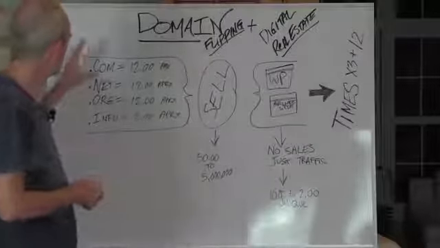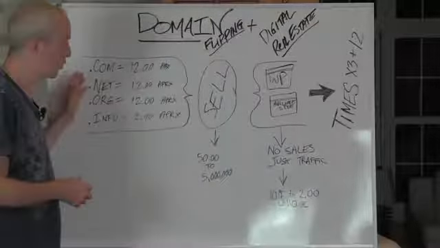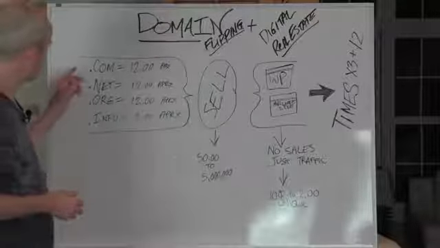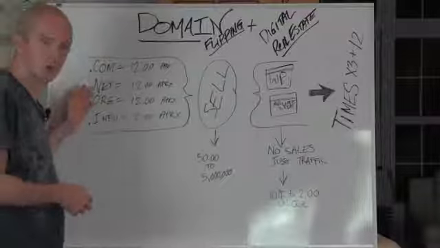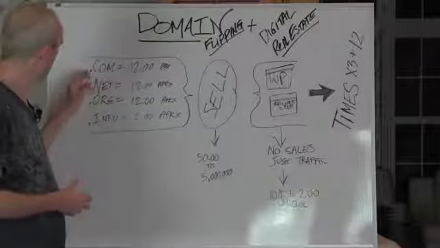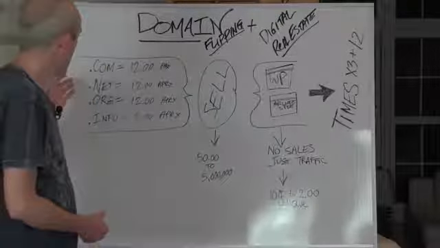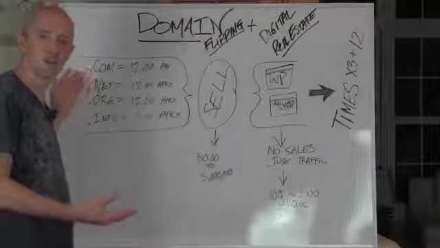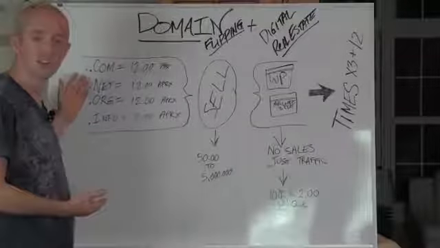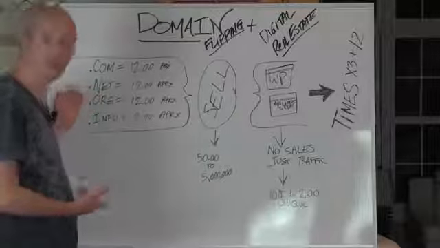There's these four different types of domains that I typically work with. .coms I work with the most. .net is the second on the list of what I call SEO power. The experts might have a better explanation of the hierarchy of extension.